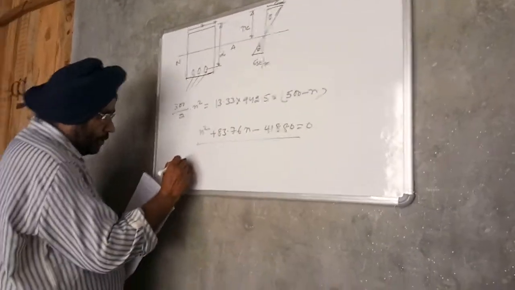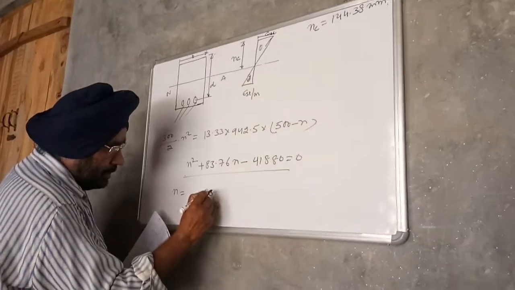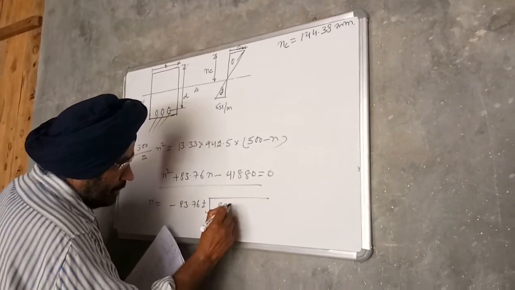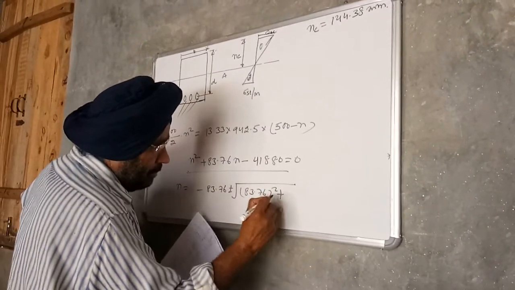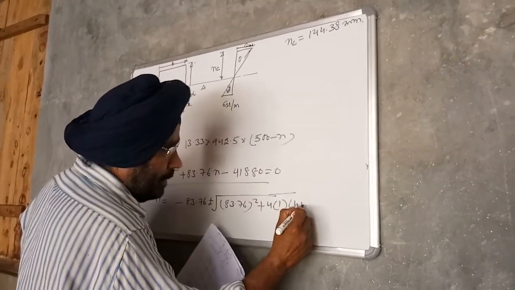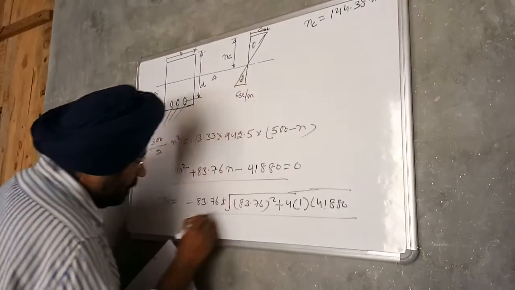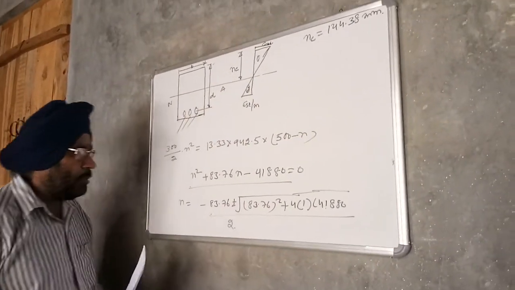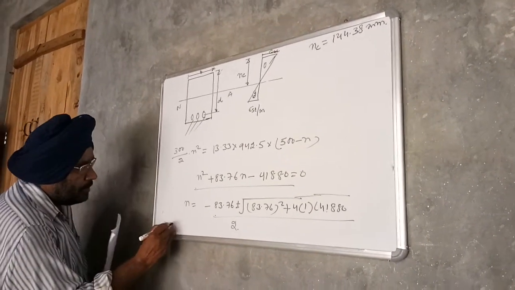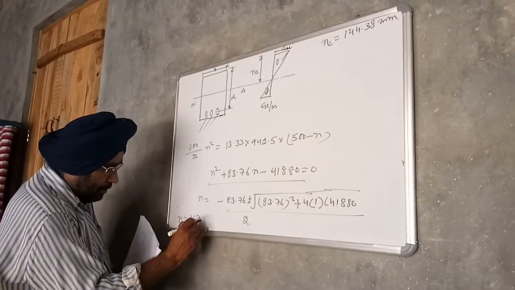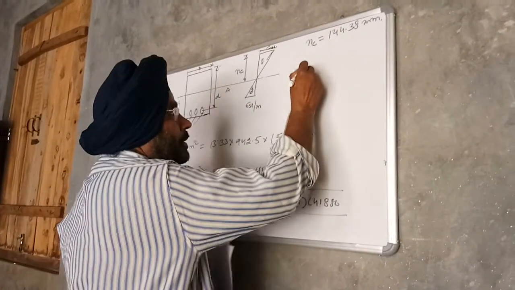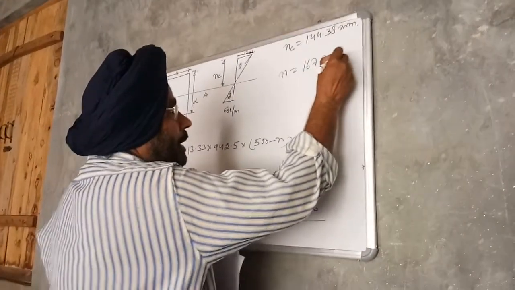So n is equal to minus b plus minus root of b square, 83.76 square, plus 4ac, a is 1, c is 41880, upon 2a. By solving this, the value of the neutral axis n is equal to 167 millimeter.